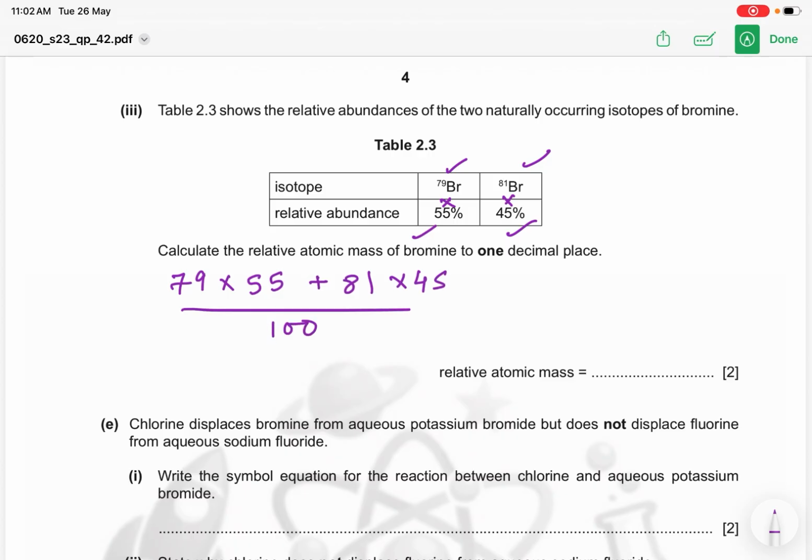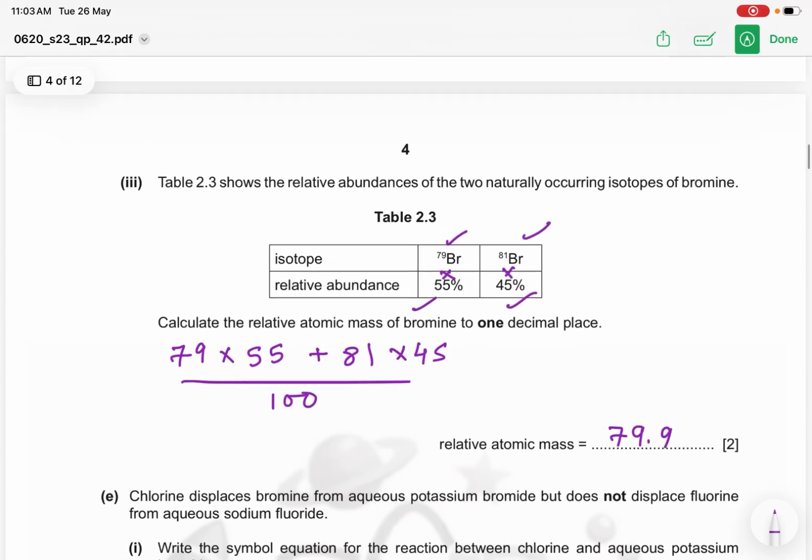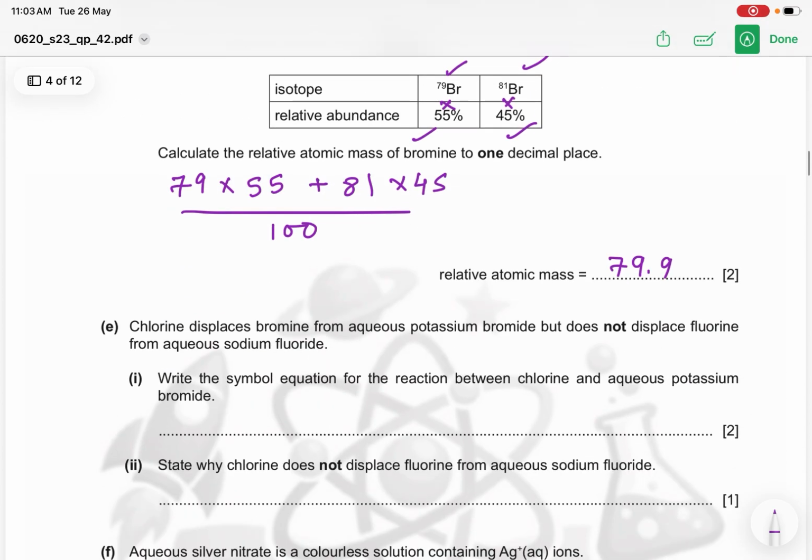So here you will get 79.9. This formula is again very simple. It is for 2 marks. If you write the answer only, that is 79.9, you will get only 1 mark. You have to show the working as well.